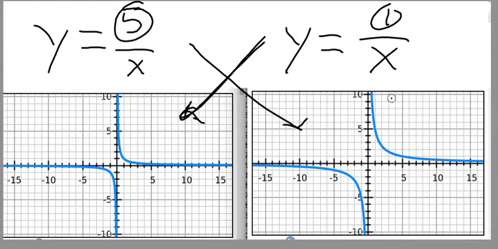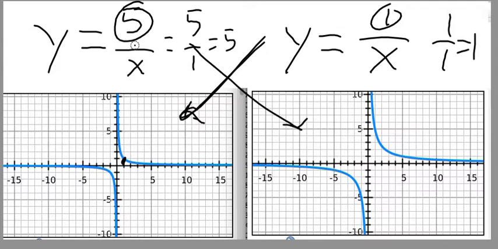Let's just pick a number like 1. If you plug in 1, 1 over 1 is 1. If you plug in 1, 5 over 1 is 5. So if you start with a larger numerator, you get higher y values. Dividing 5 by a number gives higher y values than dividing 1 by a number.